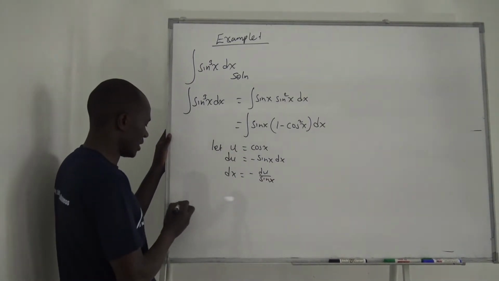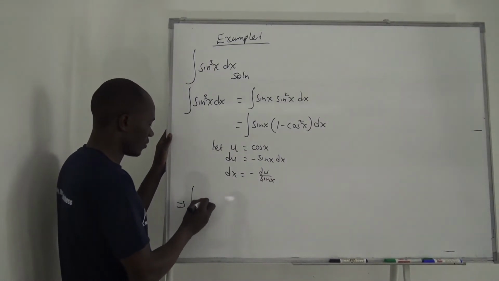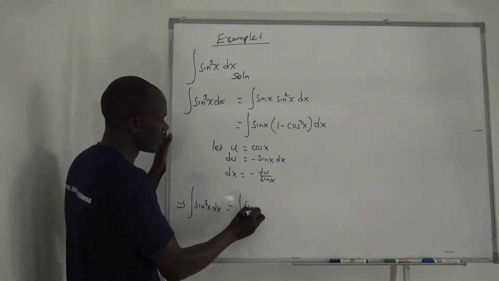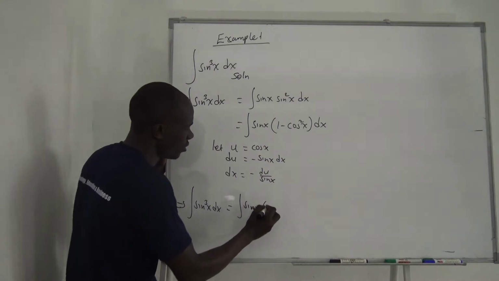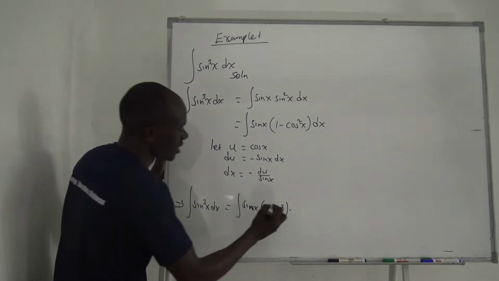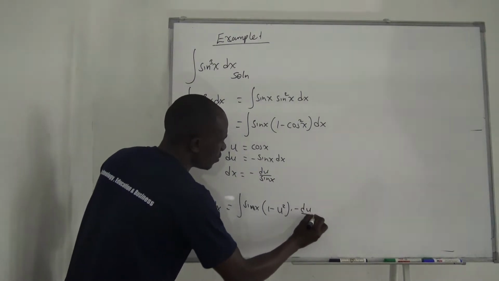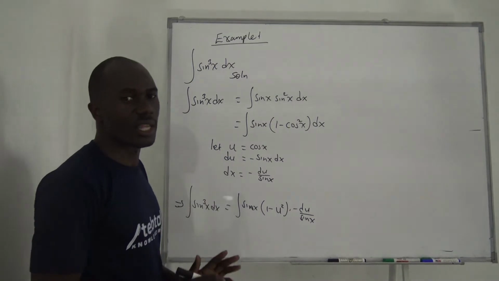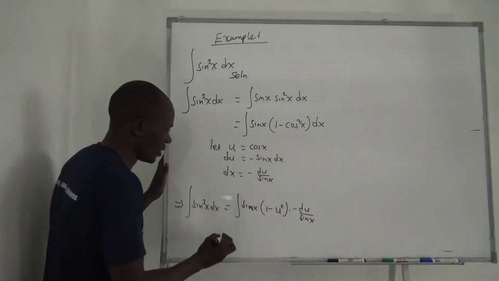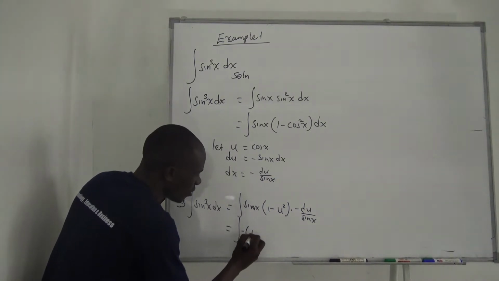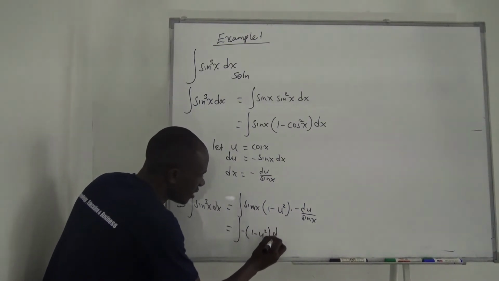This implies the integral of sine cubed x dx is the integral of sine x times 1 minus u squared times negative du out of sine x. Sine x disappears, and we remain with the integral of negative times 1 minus u squared du.